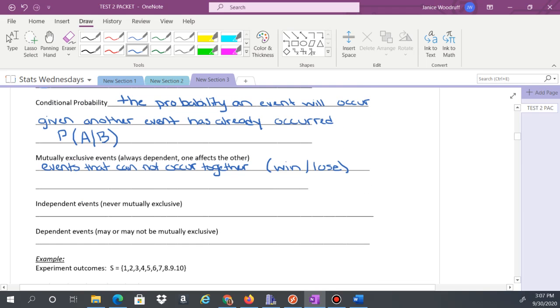Independent events are events that do not affect each other. I'm going to put underneath here with a star, the denominator is the same every time. An example of an independent event would be a coin toss.